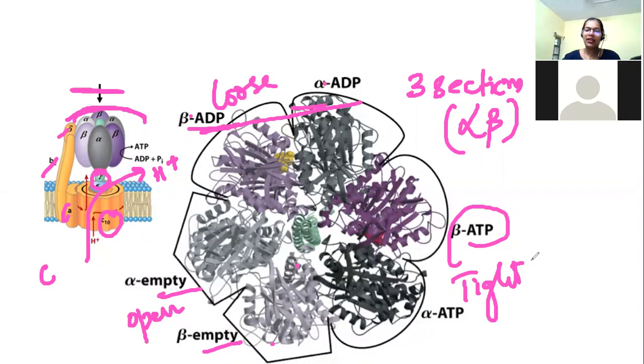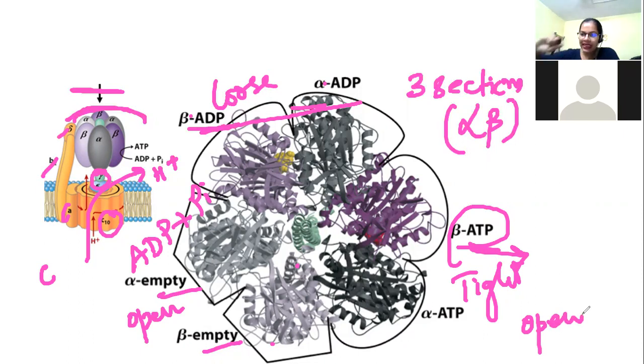So what is happening now? By the time this ATP is released, another ADP comes and binds. Then this will become open. In the next round, the empty becomes the loose becomes the tight. Are you getting the point over here?